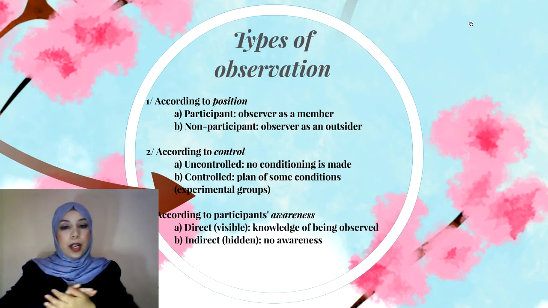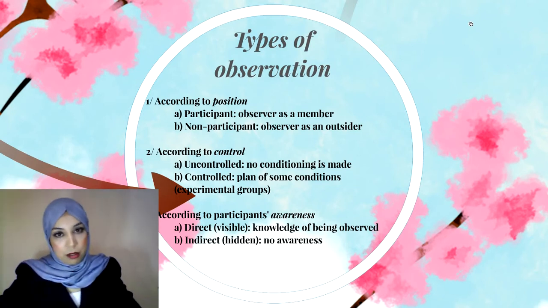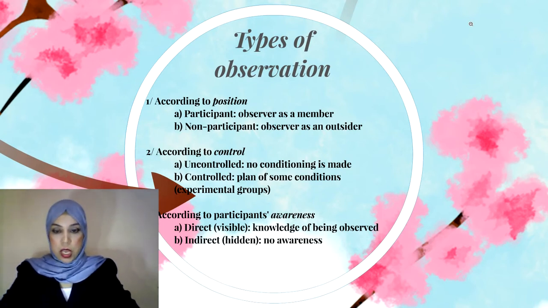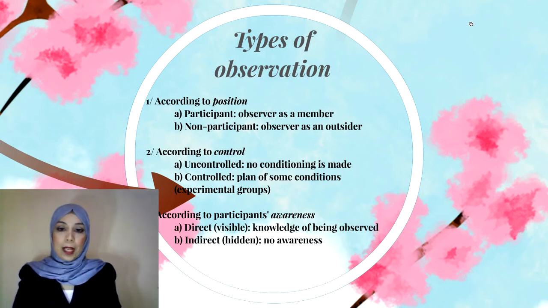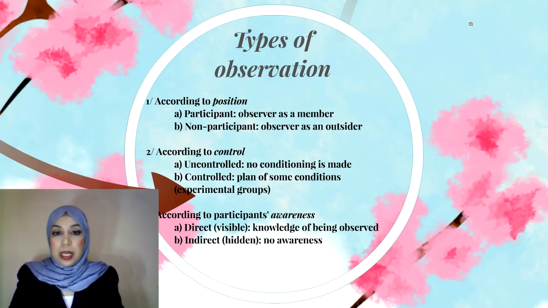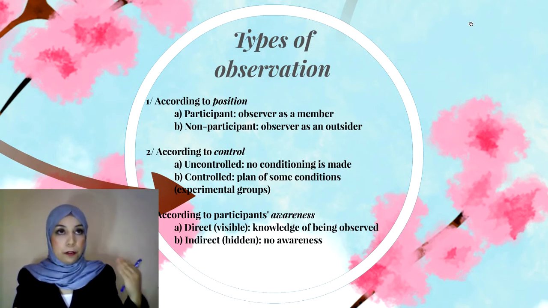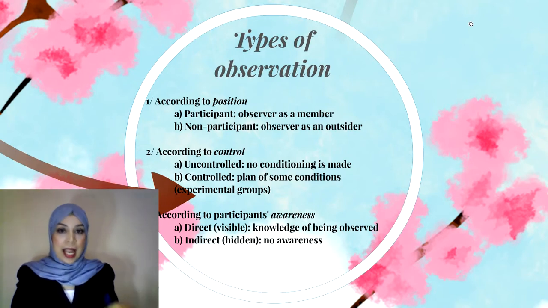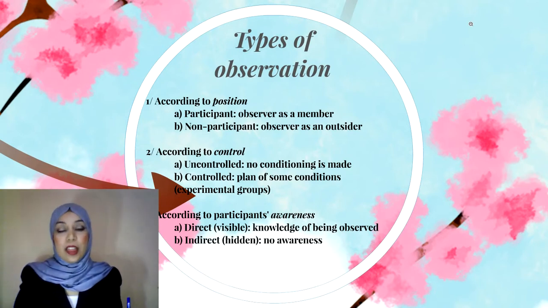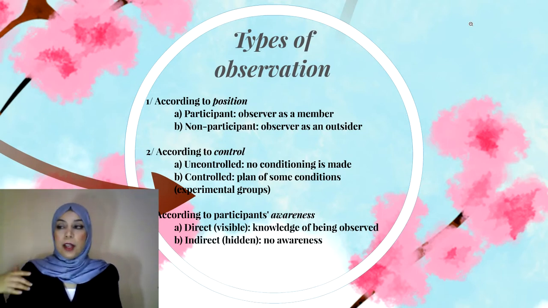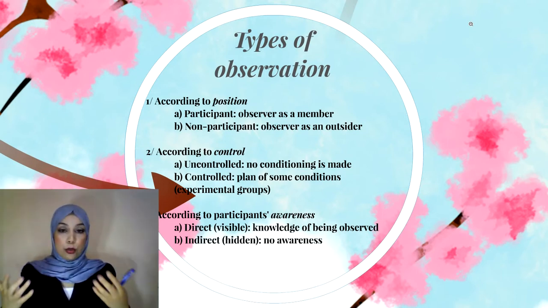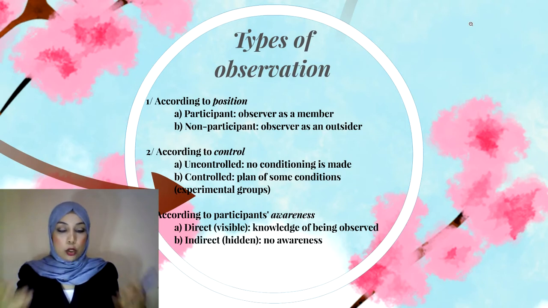As far as the first type is concerned, for the position of the observer, of the researcher, this one is very important in ethnographic research. If you remember, in the first semester we dealt with the different methods, and among those methods was the ethnographic method. And we said that ethnography is the study of people's life in order to know more about their social reality.